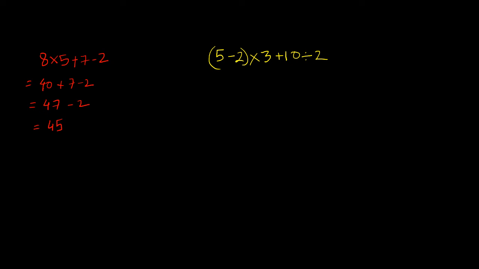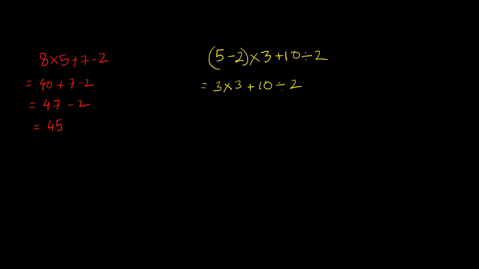Okay, PEMDAS, right? P, PEMDAS is brackets. We do have a bracket, so we do this first. 5 minus 2 is 3 times 3 plus 10 divided by 2. I'm very bad at writing division. Anyways, let me just clean this up. Okay, PEMDAS, exponents, we don't have any exponent.